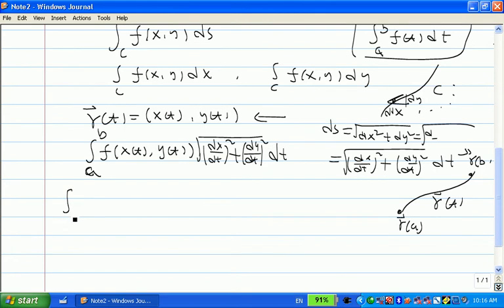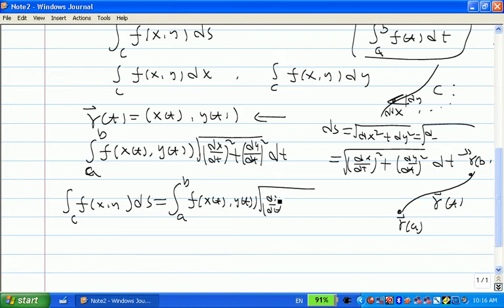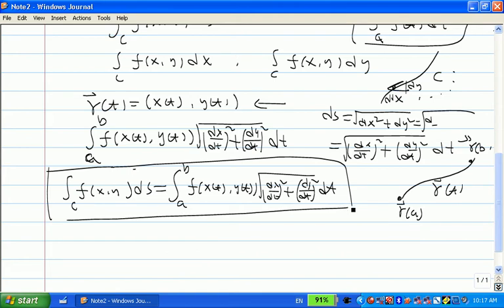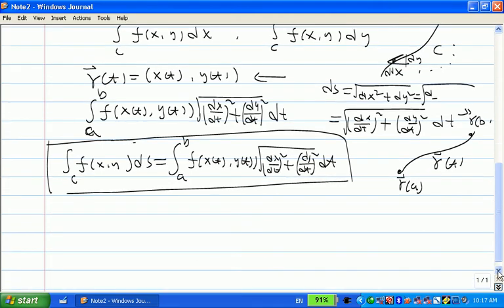In other words, the first type of line integral with ds can be changed to a single integral like this, with the square root of (dx/dt) squared plus (dy/dt) squared, dt. So this formula is important. It tells you how to calculate the first kind of integral.